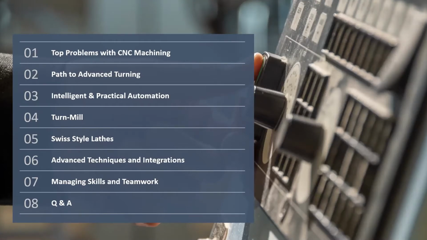One of the first ones is getting a lot of the easy work in the shop to be done faster through automation. Then we'll dig in deep on turn mill and Swiss style lathes. Then we'll finish up with some advanced techniques and integrations that we can help provide to take your company to the next level, and end on skills and teamwork with a Q&A session.